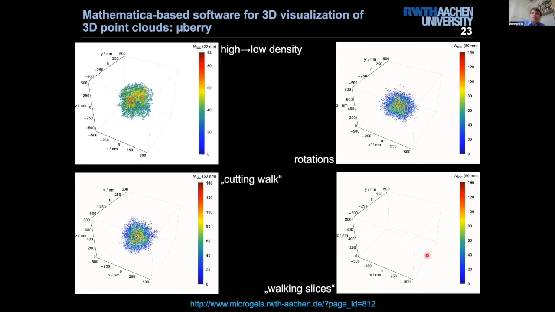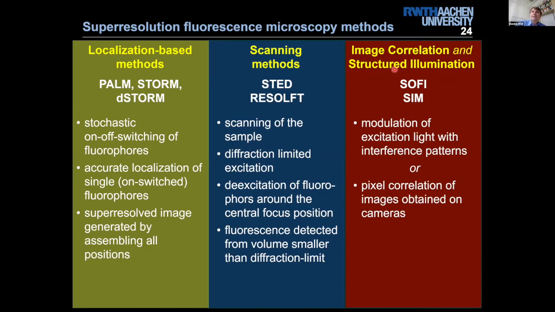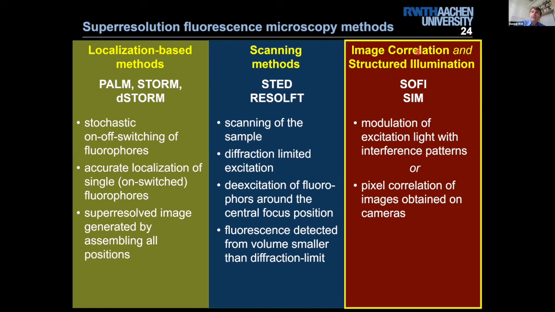Good. So in my last part, I come now to the last block of methods, especially the image correlation methods. Specifically, I want to talk about SOFI. SOFI is not as well known as the localization-based techniques, but SOFI can be very strong.